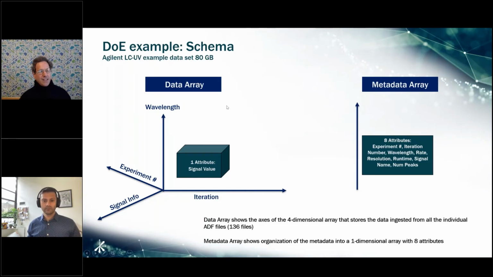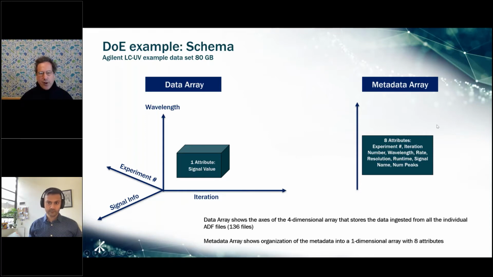So this is the schema that we used in the design of experiment. So we have an array that allows you to slice along wavelengths, iterations, experiment number, signal info, and then in the data cube, you simply have the signal attributes. Clearly, SciDB is capable of doing more than that.